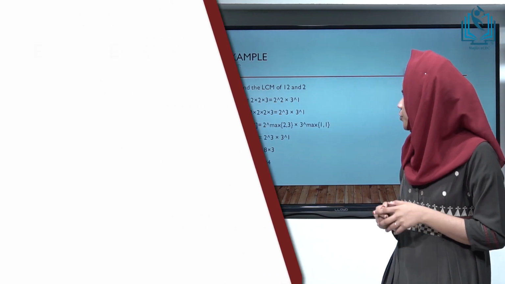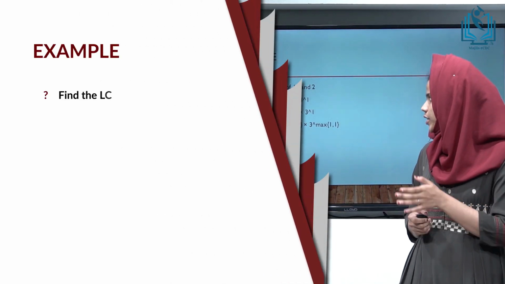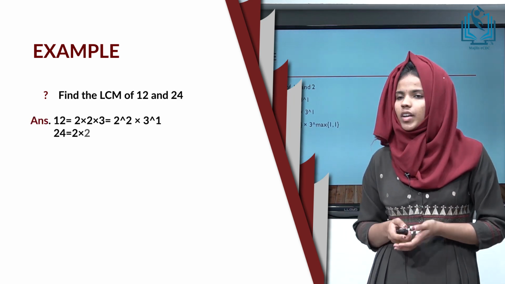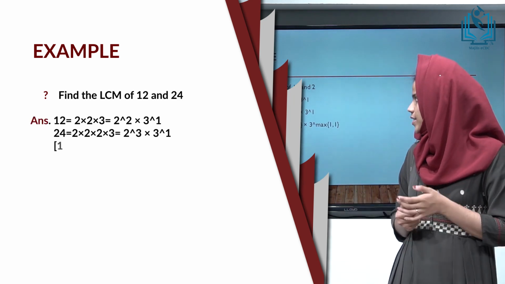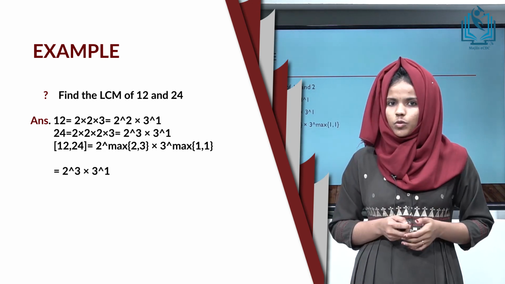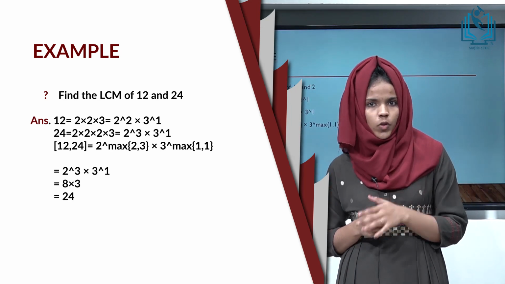Find the LCM of 12 and 24. 12 is equal to 2 into 2 into 3, which is equal to 2 square into 3. And 24 is equal to 2 into 2 into 2 into 3, which is equal to 2 cube into 3. 3 means 3 raised to 1.